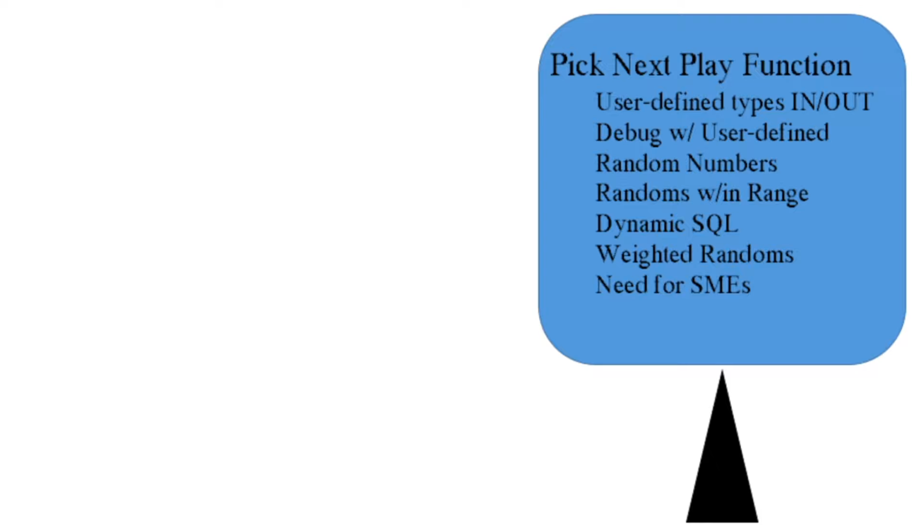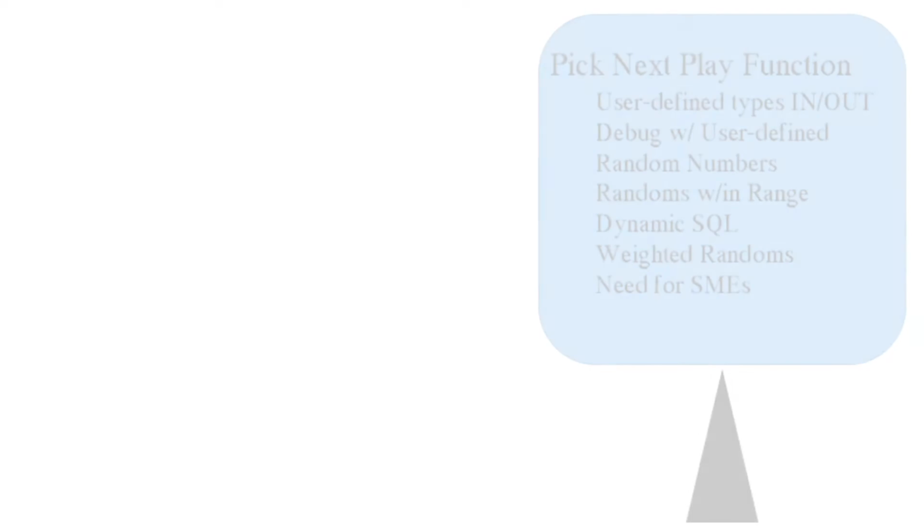In particular, Lecture 12 covered user-defined types, input and returned from a function, how to debug under complex data type input and output conditions, random number generation within a specified range, dynamic SQL, weighted random number generation, and finally, the value of subject matter experts, or SMEs.